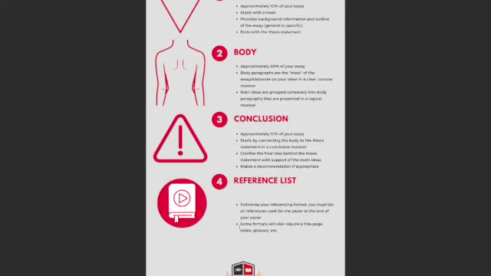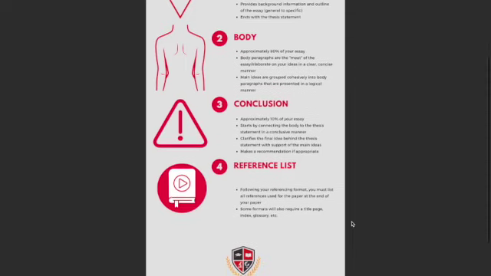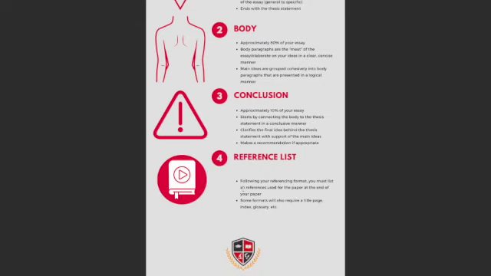Following the conclusion of your essay is the reference list, and depending on which format you are following, APA, Harvard, MLA, Chicago Manual, etc., you need to make sure that you follow the proper formatting rules for that referencing style. It always comes at the end, though some formatting styles will also have footnotes.